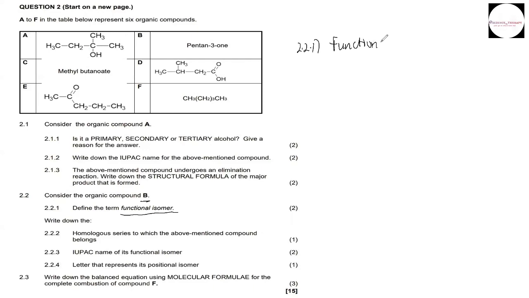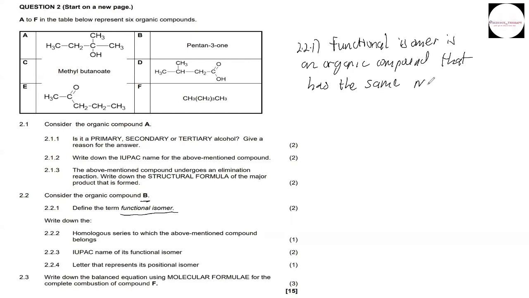So we say a functional isomer is an organic compound that has the same molecular formula, not general, same molecular formula, but different functional group.